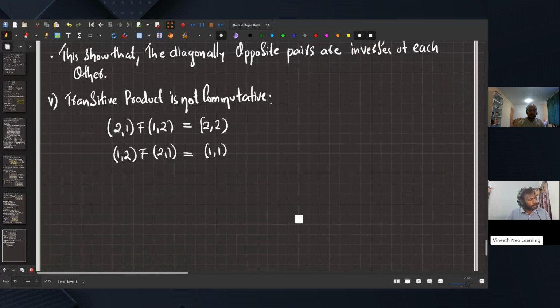I think this is a new way of defining transitivity. A relation is said to be transitive if every possible transitive product is present.